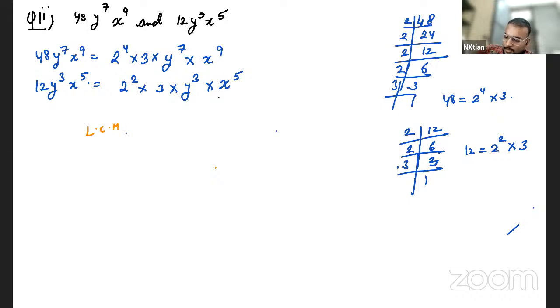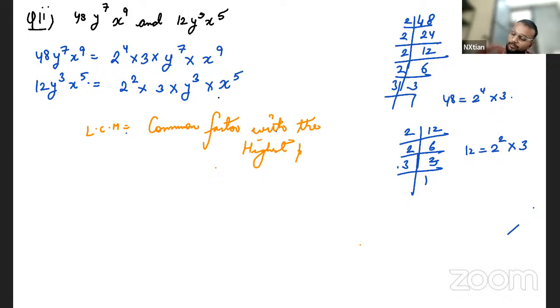So what does this LCM mean? The common factor with the highest power and uncommon also. This is basically the LCM part. How to find LCM? Yes or no? Guys, did you listen?